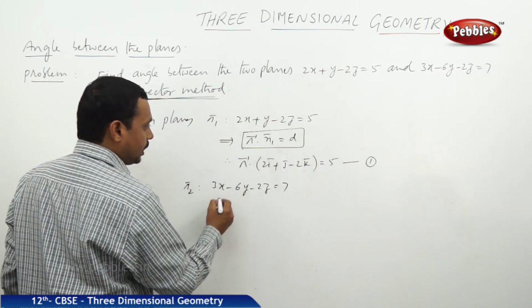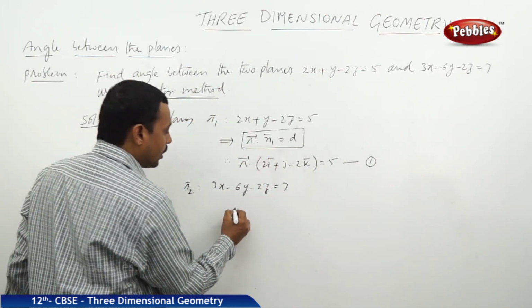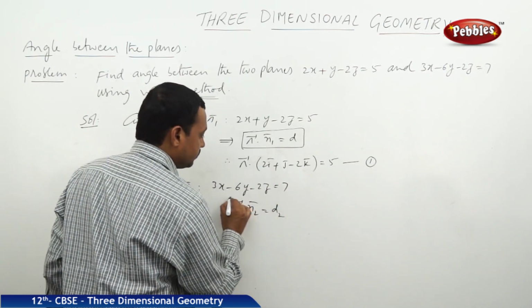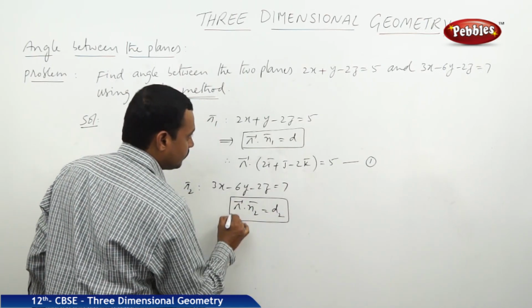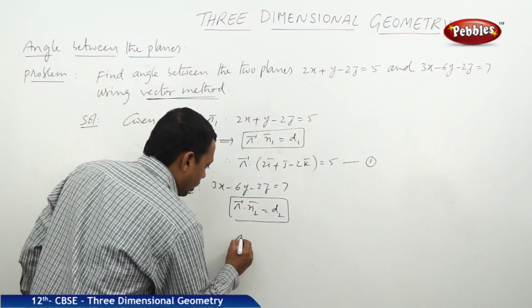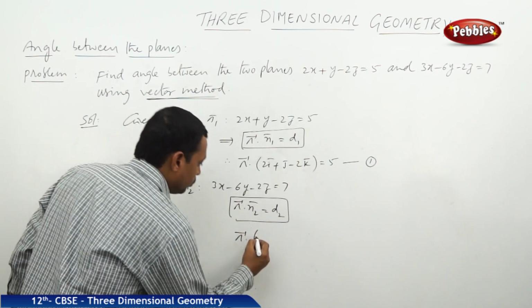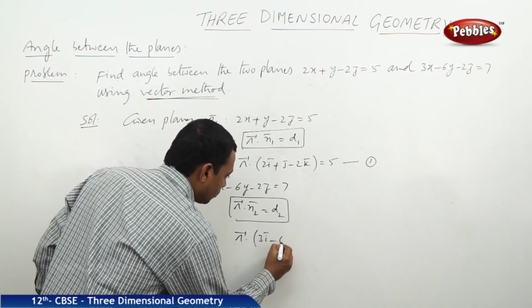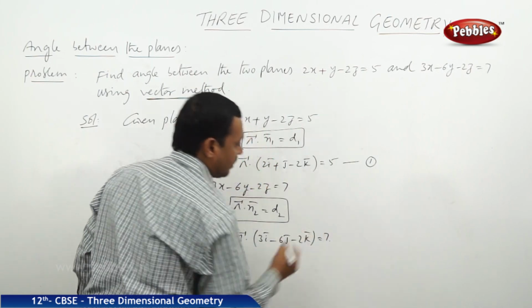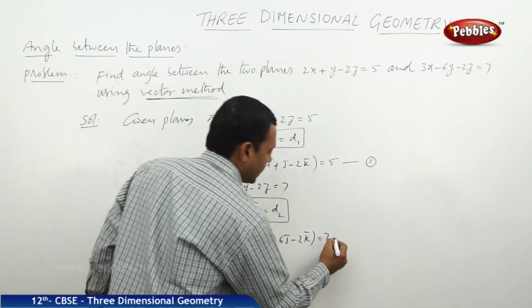Now we can make it into the same r dot n2 is equal to d2 form. So here it is d1, this is d2. Now r dot n2, that is r dot (3i minus 6j minus 2k), is equal to 7. Now this is the second plane.